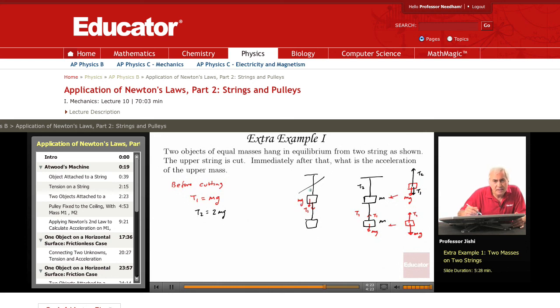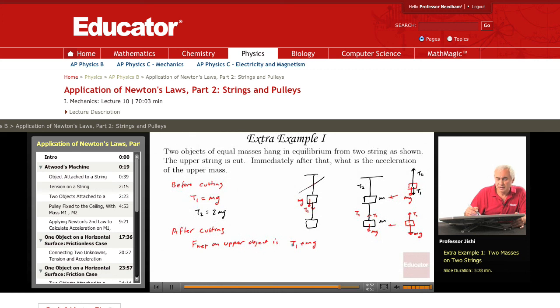So immediately after cutting the upper string, the net force on the upper object is what? T1 plus mg.